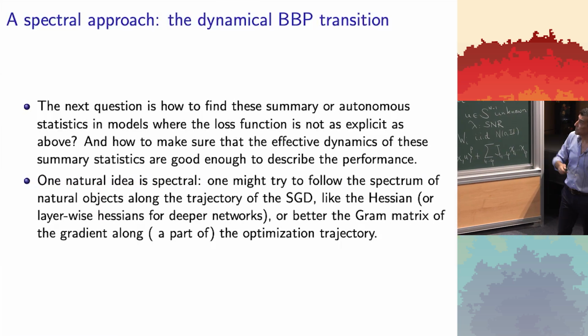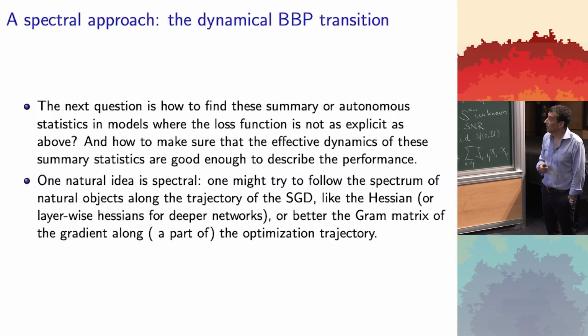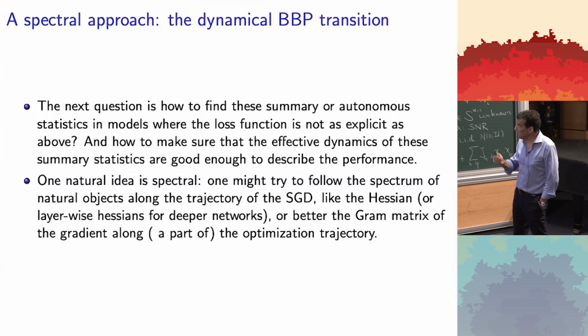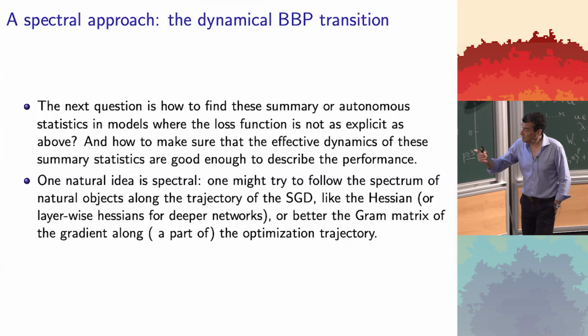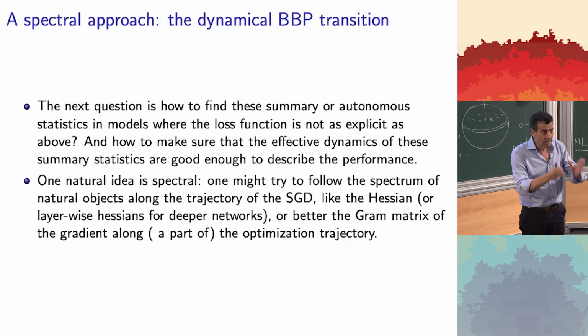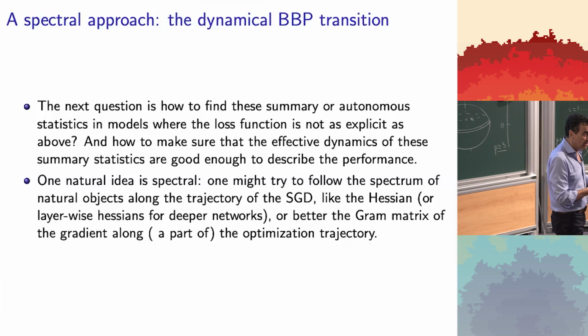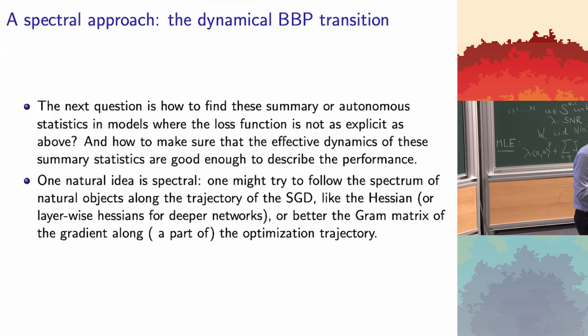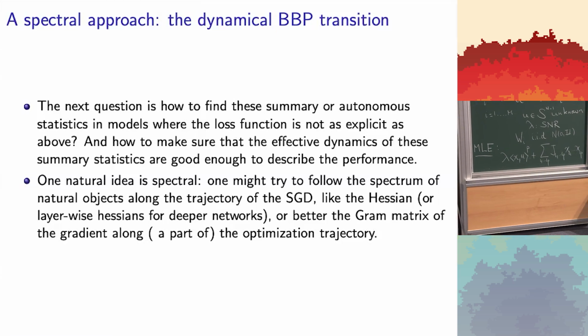So try to follow the spectrum of the Hessian or the Gram matrix along a part of the optimization trajectory. What some people do, you don't even have to look at the whole Hessian. You could look even at Hessians layer by layer in your neural net. And you have different structure there. It's a long story. But let's continue with that.